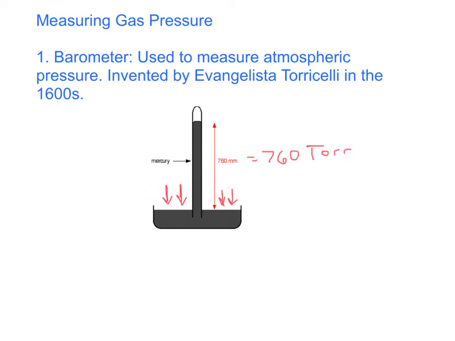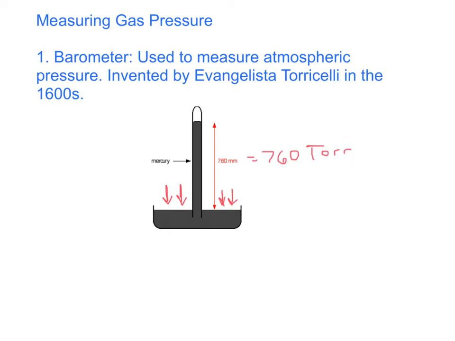Those red arrows pushing down represent the atmospheric pressure pushing down on the mercury. Mercury is a very dense, heavy liquid, and the mercury actually drops down, leaving a vacuum, an empty space with no air molecules in it. The height at which the mercury settles is a measure of the air pressure that's pushing down.